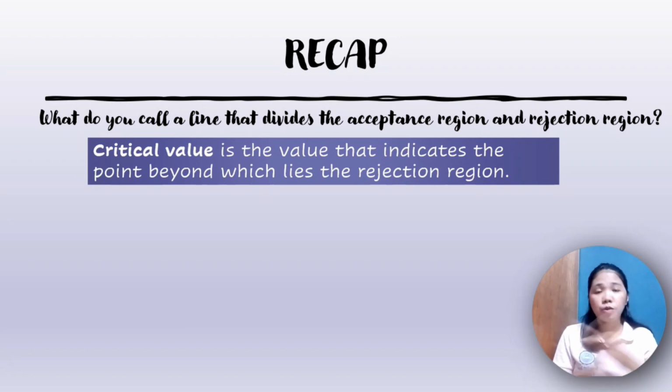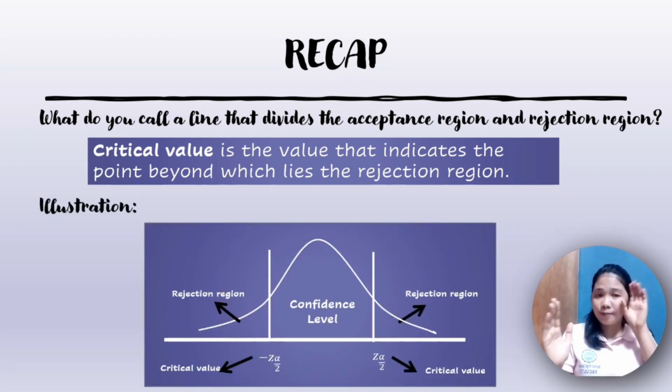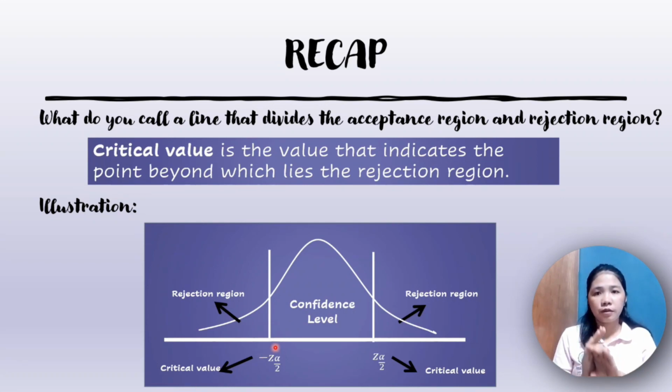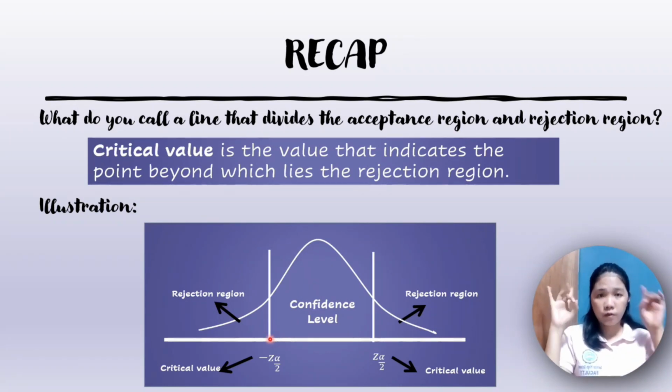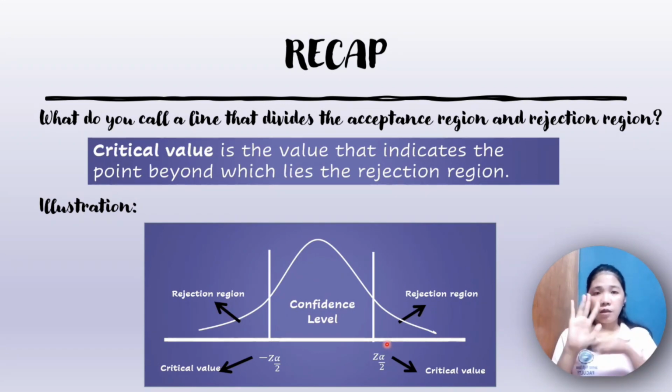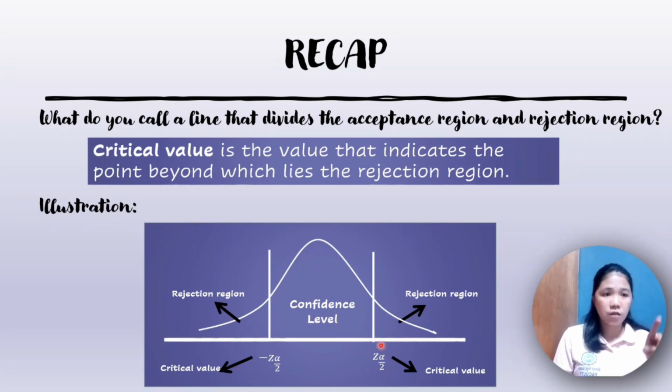I will show you the illustration. So as you can see here, we have a critical value on the left side and on the right side. On the left side, we have a critical value of negative z sub alpha over 2, and on the right side, we have the critical value z sub alpha over 2.